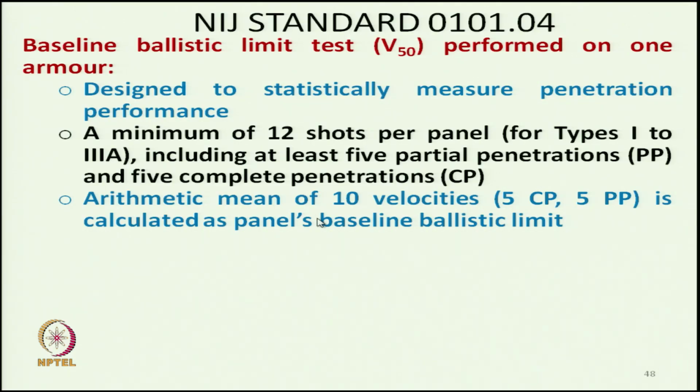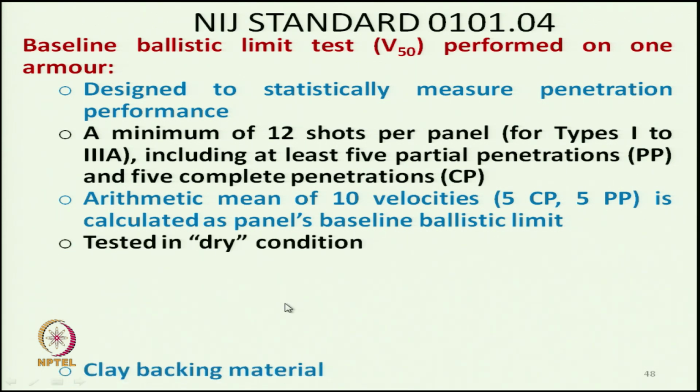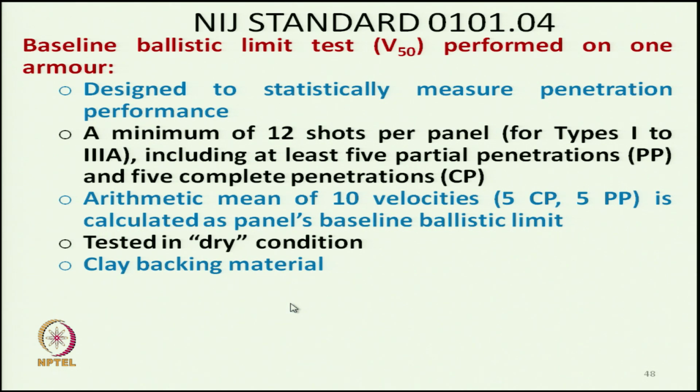So the arithmetic mean of 10 velocities, 5 complete penetration and 5 partial penetration, is taken. These are tested in dry condition, and clay backing material is used to measure the back face signature.